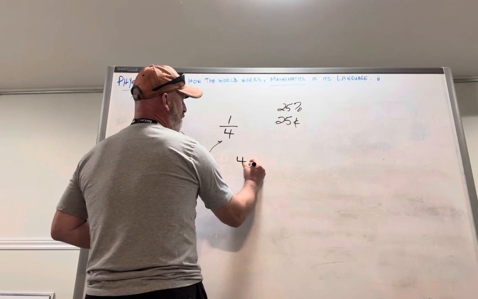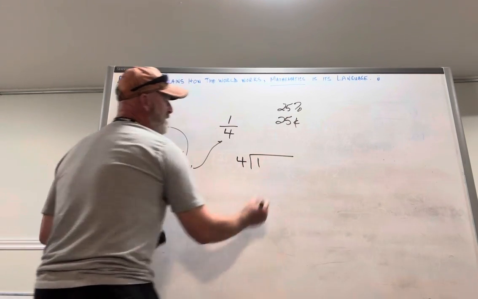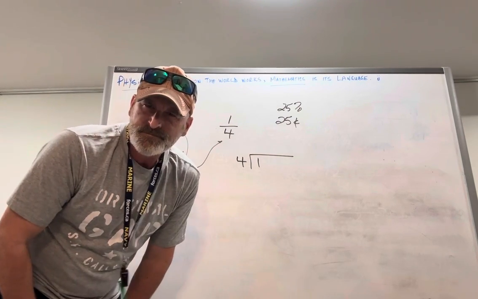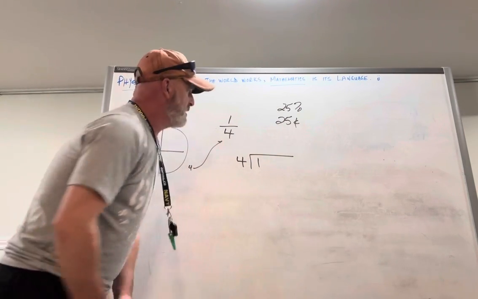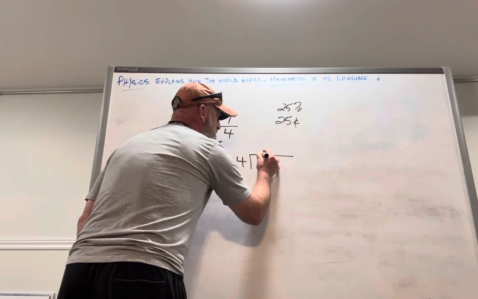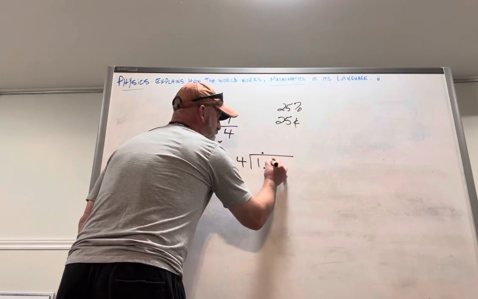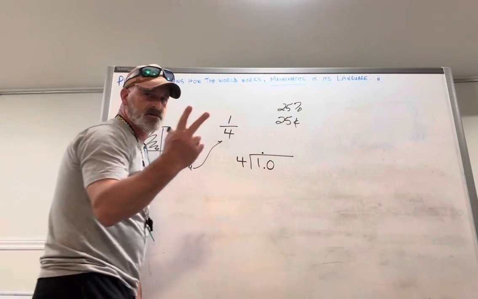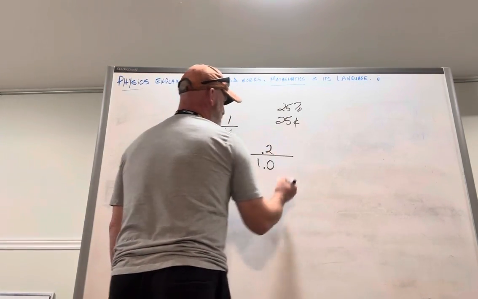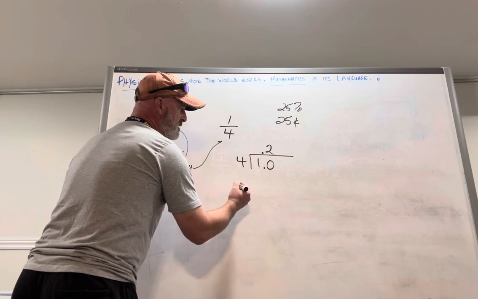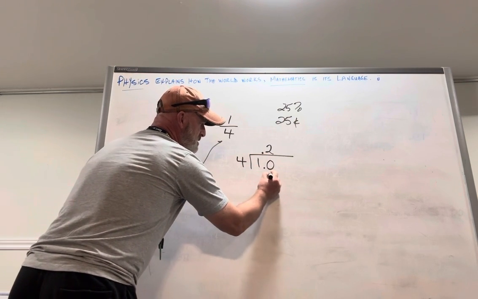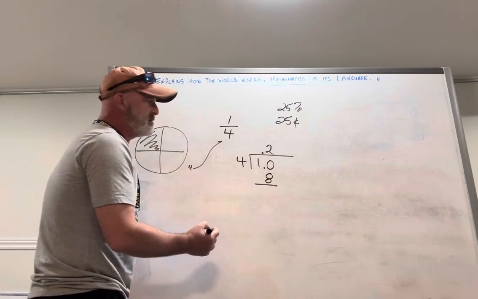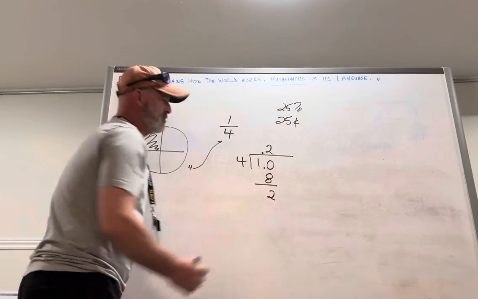Let's divide 4 into 1, the same way we did a while ago. Does it go into 1? No. So what do we do? We add a decimal point. We add a 0. Now, can 4 go into 10? Yes. How many times? Twice. 4 times 2 is 8. 10 minus 8 is 2.